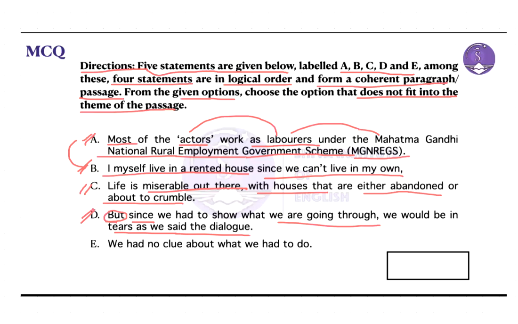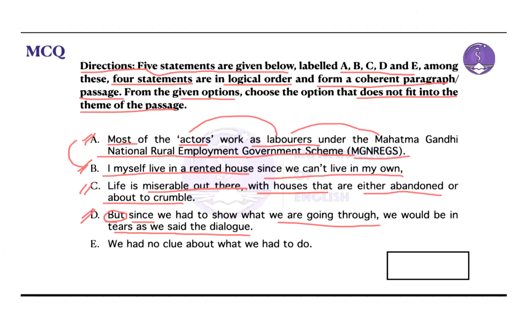Because option D stated we had to show what we are going through. So what are they going through? Now they are going through life that is miserable for them. So why is their life miserable? You could say that they live in a kind of place, isn't it? So that could be called a kind of pathetic situation for them, isn't it?